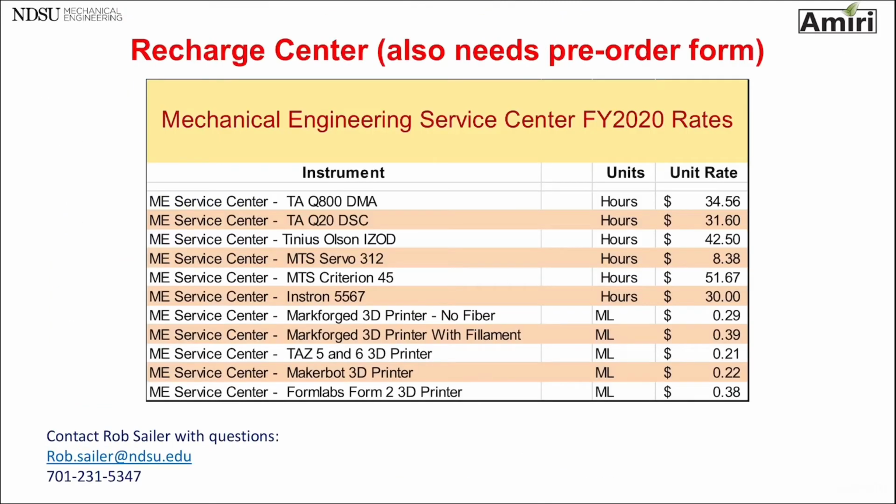Here are some equipment that is available in the MEM department, and they're on the Recharge Center. So there are fees associated with them. Some by hour, some test equipment, and some 3D printer by the amount that you print and the size of the print that you have.